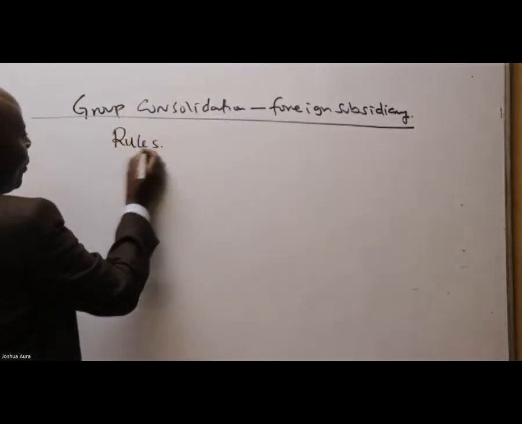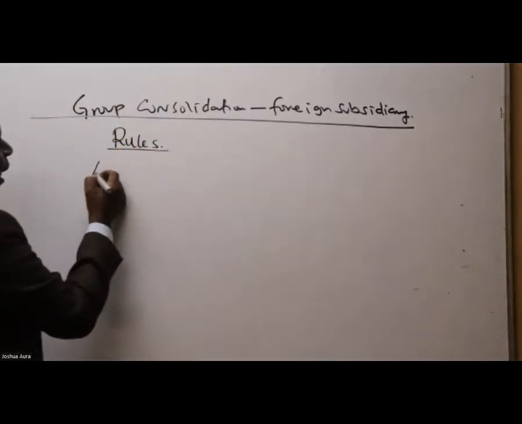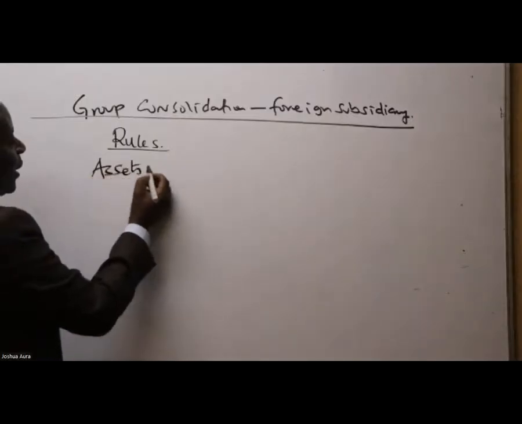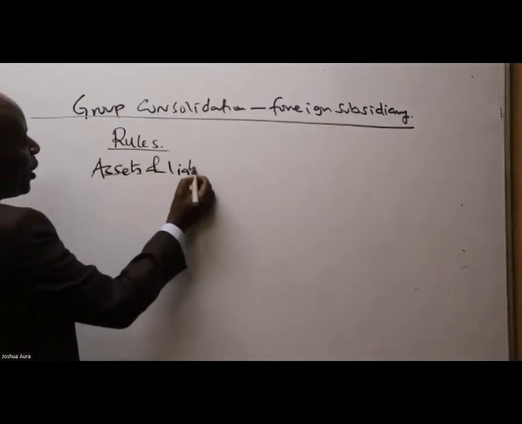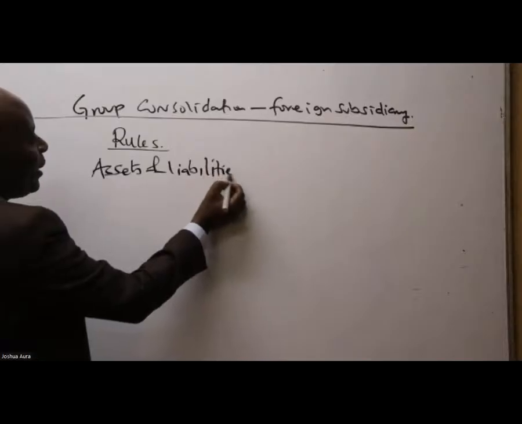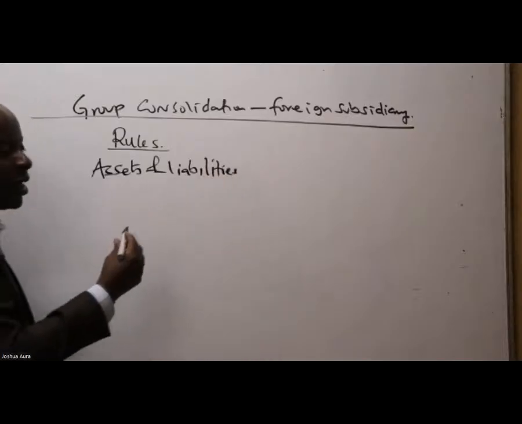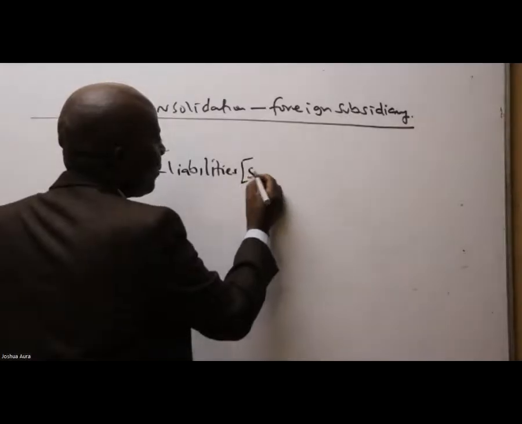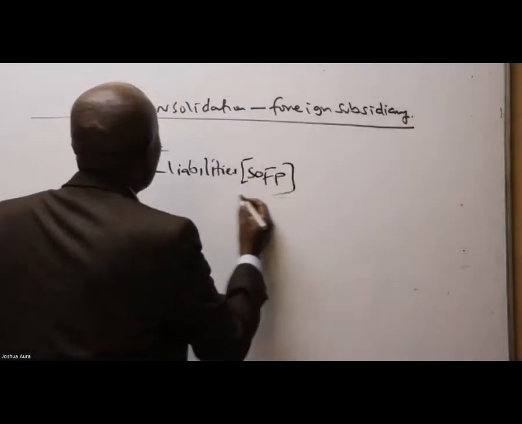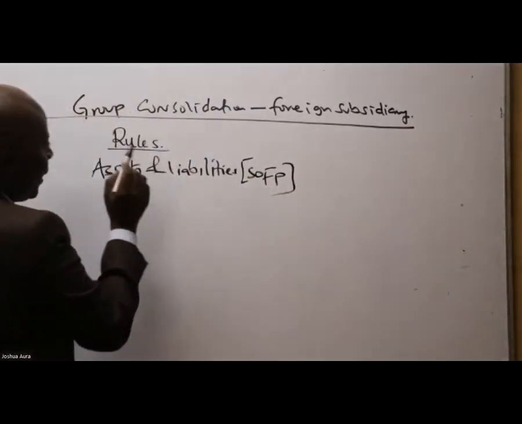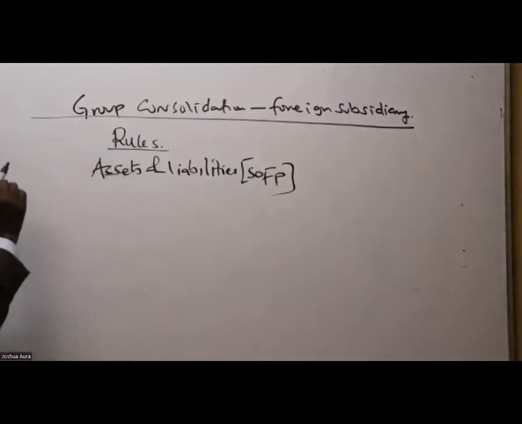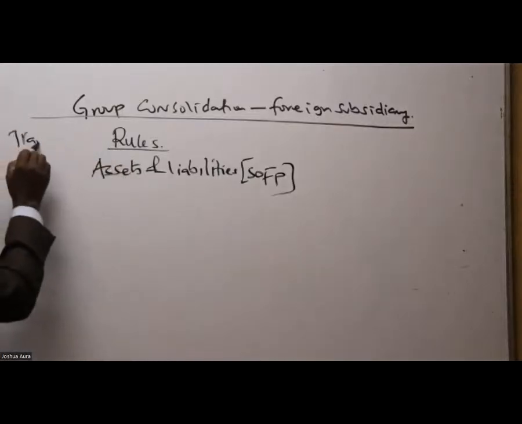The basic rules: assets and liabilities. Where are these found? These are found in the statement of financial position. Remember, these are the rules of translation.